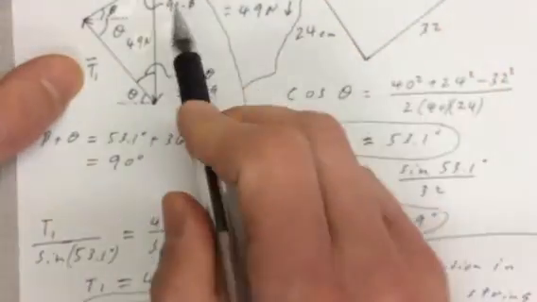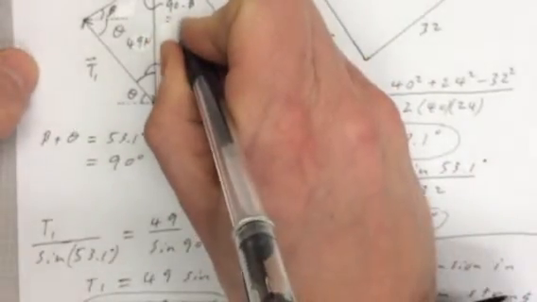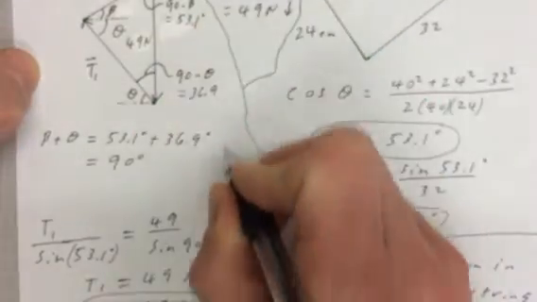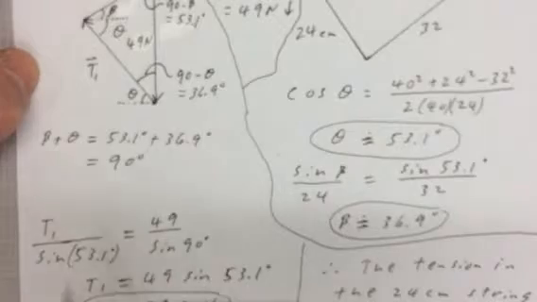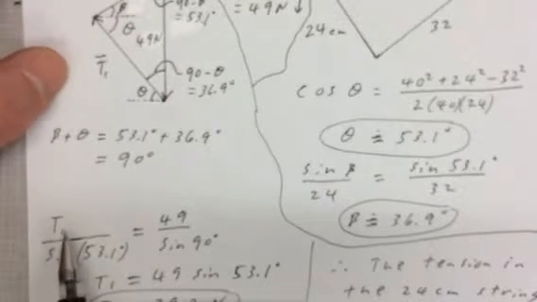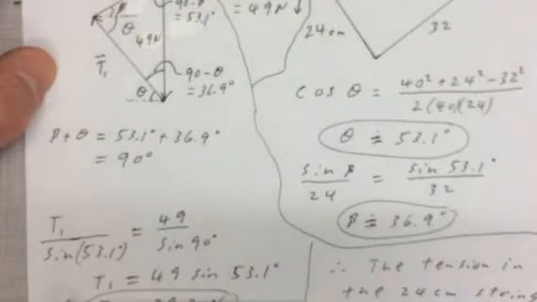And then up here, 90 minus beta is going to be 53.1. So those are those angles once we know the beta and theta. So now we have all the angles in the triangle and one side. So we're going to use that and the sine law to figure out what the tensions are, the magnitudes of the tensions. When I write the tension without the vector sign over top, it means magnitude.